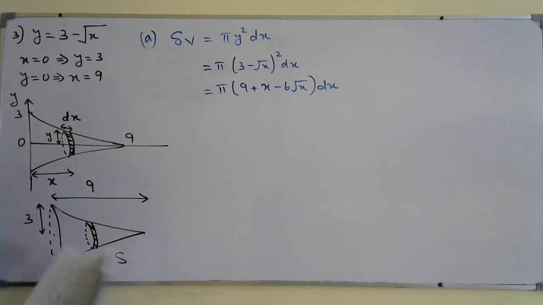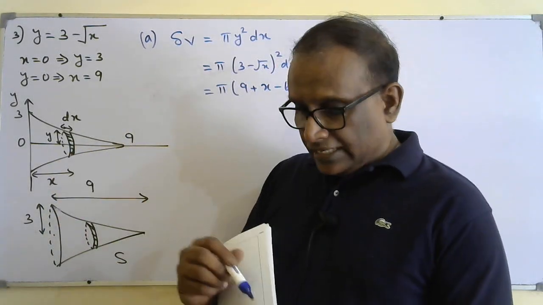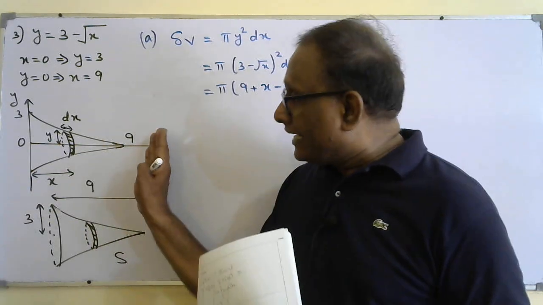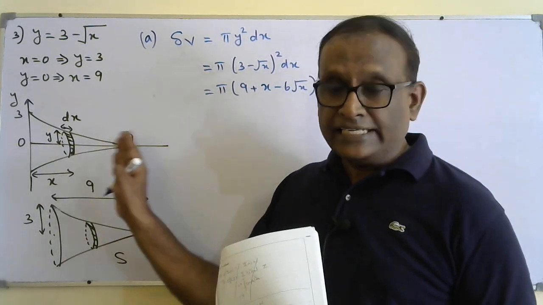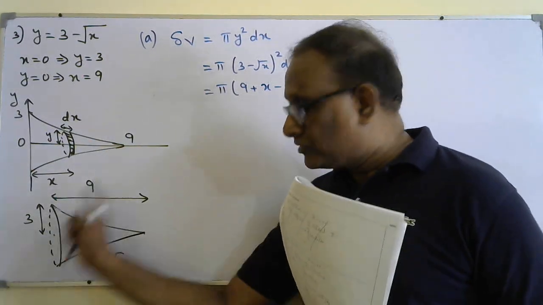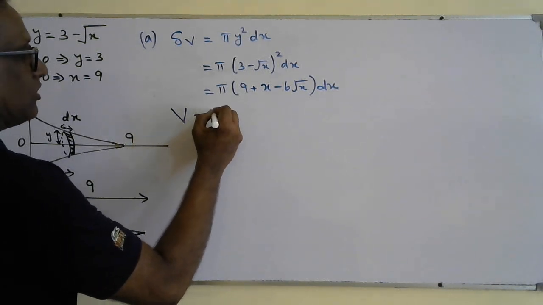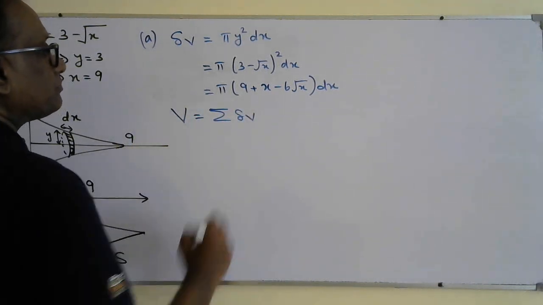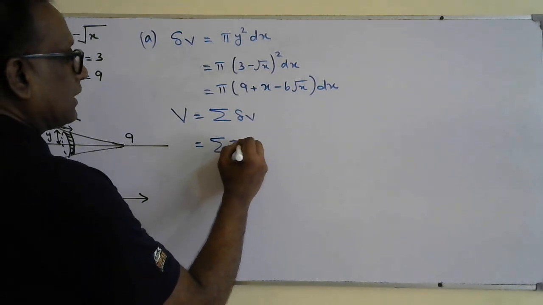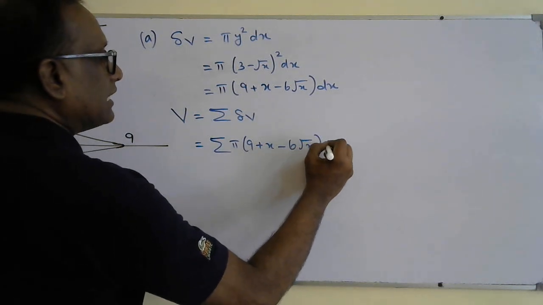Okay, so for the total volume, I imagine if I keep many such different discs at different distances x1, x2, x3, x4, arranged inside, and if I know the volume of each and every one and add those volumes, I will get the volume of S. So the volume of S is V, that is equal to sigma delta V. That means sigma pi (9 plus x minus 6 root x) dx.